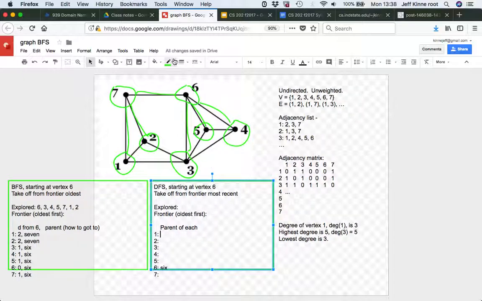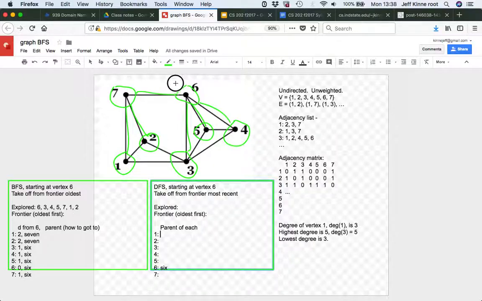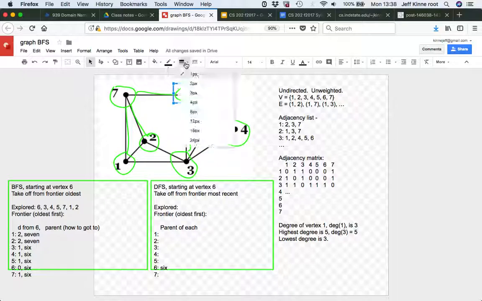And I'm going to highlight this with some rectangles. Okay, so the rectangle will represent our progress in the DFS.